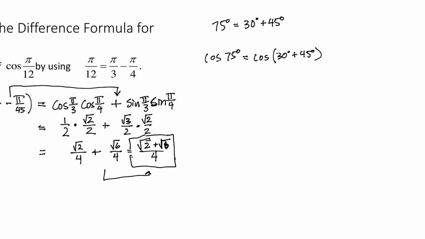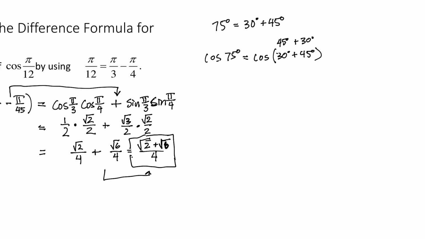We don't have to be as careful with the order that we put these in when it's addition, because 45 plus 30 is the same as 30 plus 45. And the formula will work out whichever order you put those in.